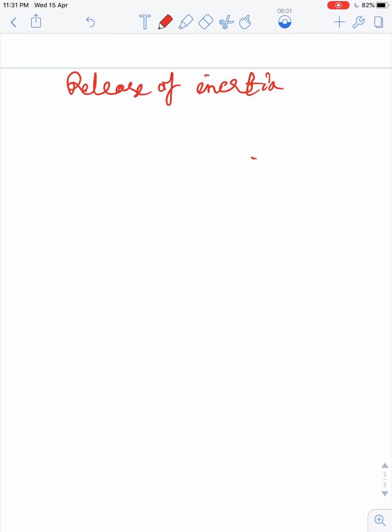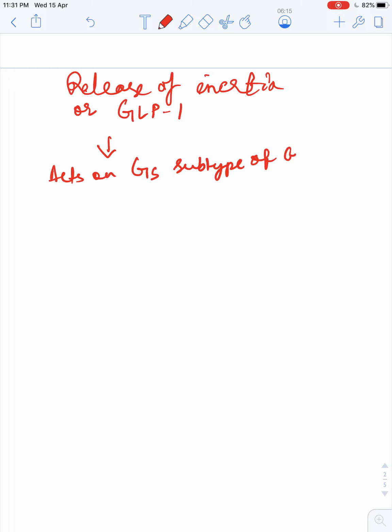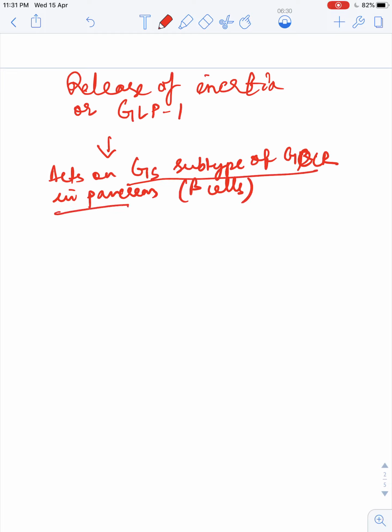This incretin, or GLP-1, acts on the GS subtype of GPCR in the pancreas, that is the beta cells. In the beta cells, it acts on the GS subtype of the GPCR to release insulin and amylin.